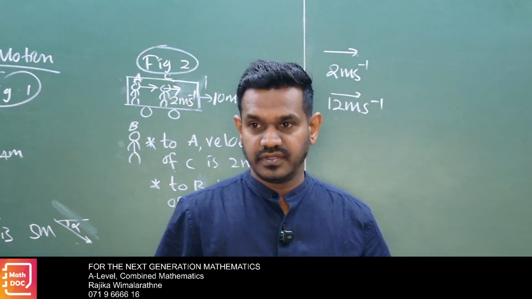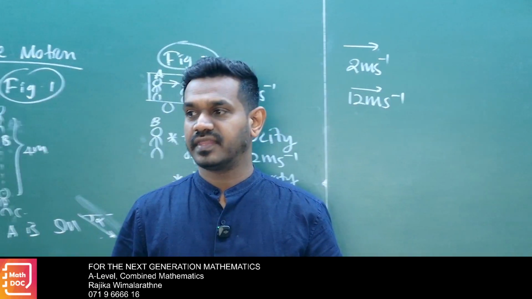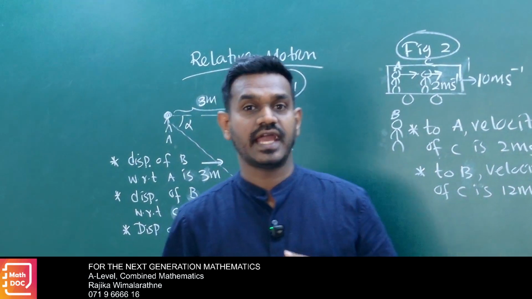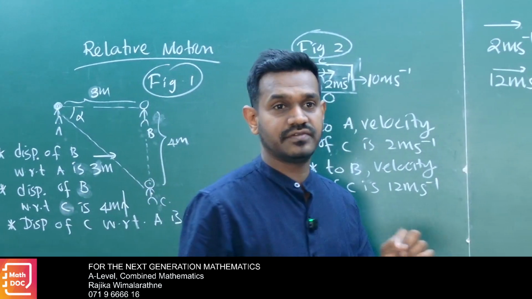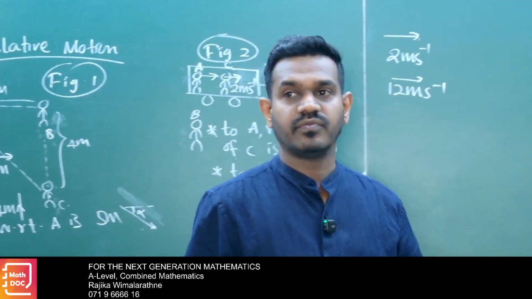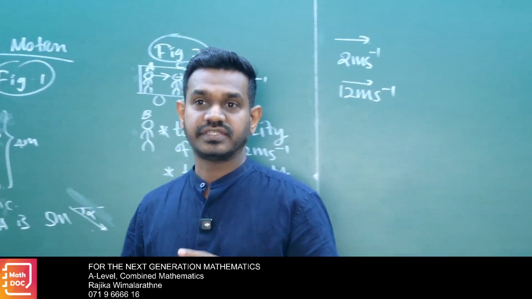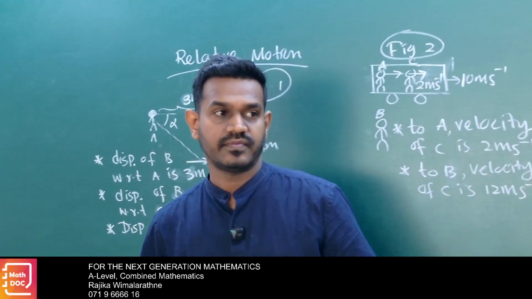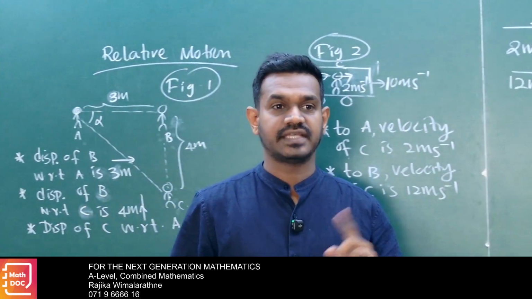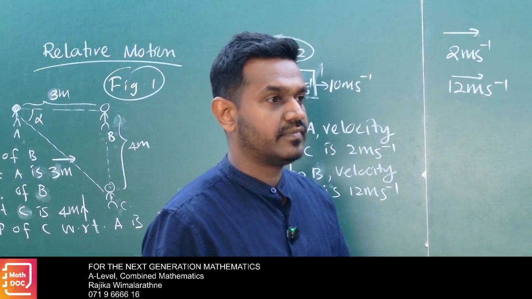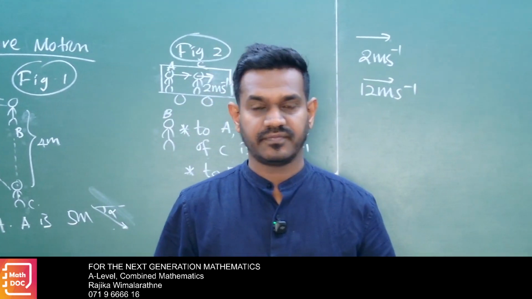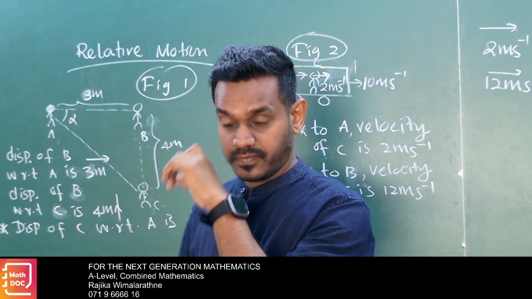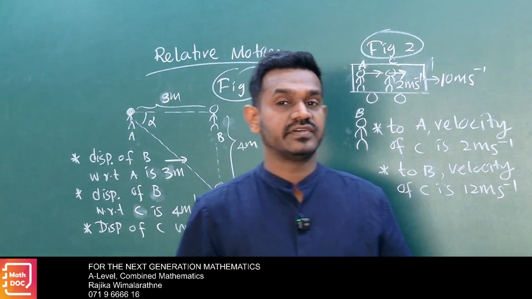Now just write. Both A and B observe the motion of C (within bracket, same object), but the appearing velocities are different.